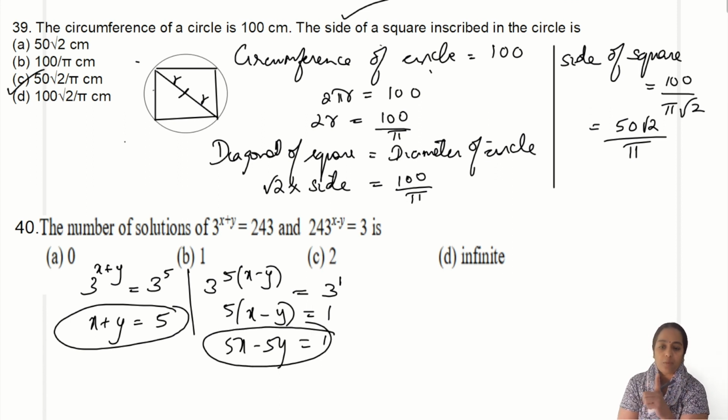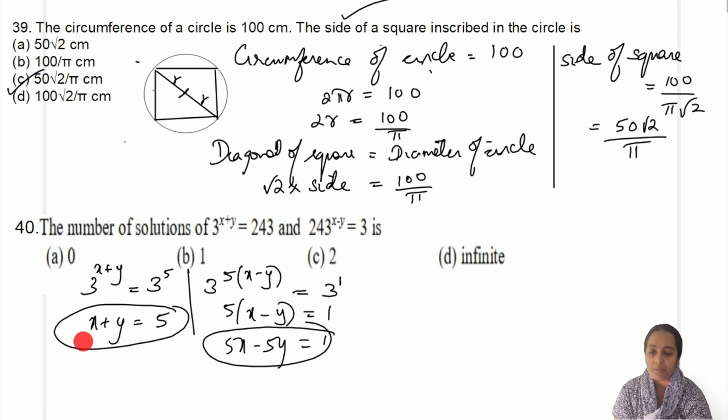When I look at the options, the number of solutions is 0, 1, 2 and infinite. So let me use the conditions for whether it is a unique solution or infinite. What is my a1, b1 here, children?